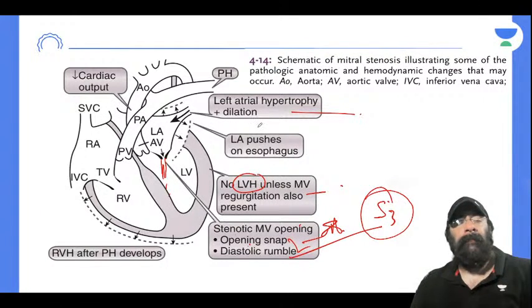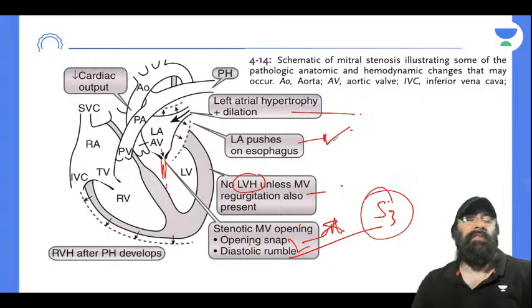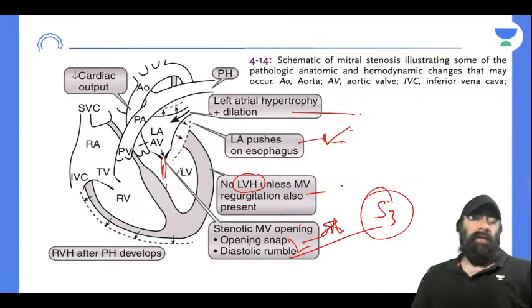Okay, then this LA can push on the esophagus also, and the patient can have esophageal dysphagia, which can be one issue seen. And because of the mitral stenosis, less blood will come down into the ventricles. The volume will be less, so therefore the cardiac output reduces.